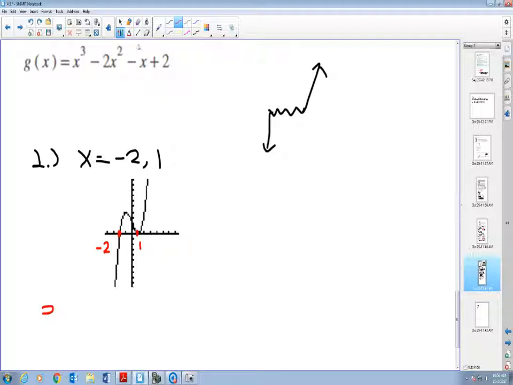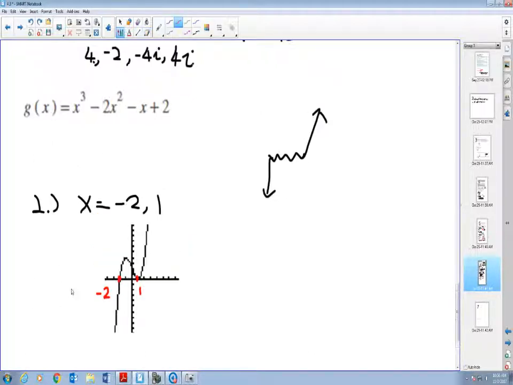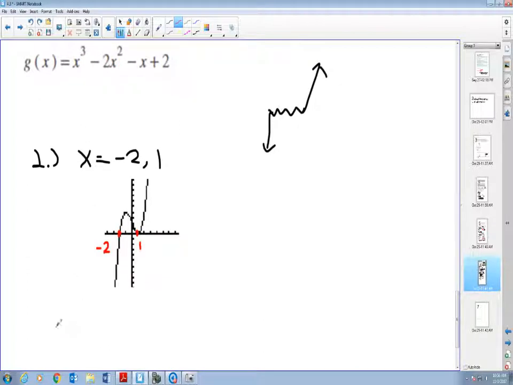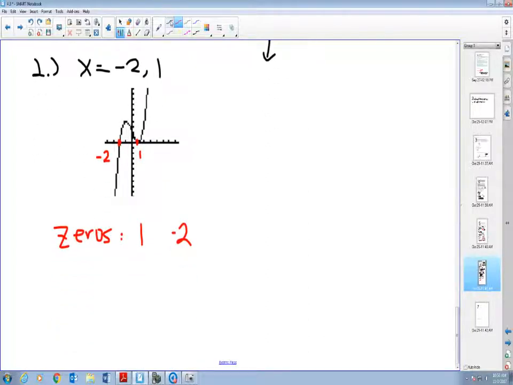Alright, so that will be my answer, because I'm supposed to have 3 zeros. The only reason why I only end up with 2 is because my real number 1, my 0, 1 has a multiplicity. Let me type it out. So sometimes I type it.